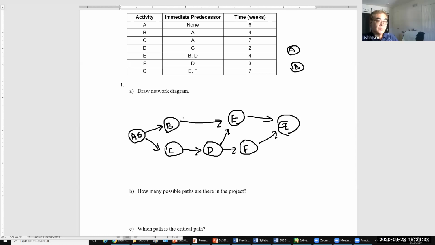And 6, 4, 7, 2, 4, 3, and 7. Okay, then 0, 6, 6, 10, 6, 13, 13, and 15, 15, 19, 15, and 18.